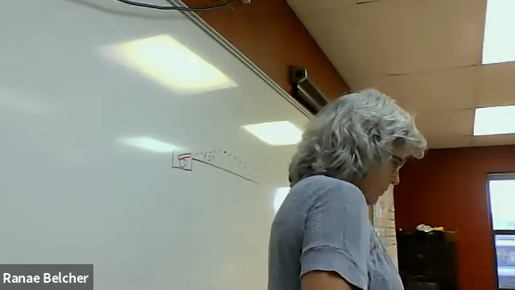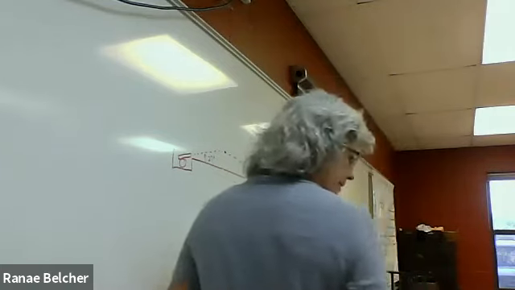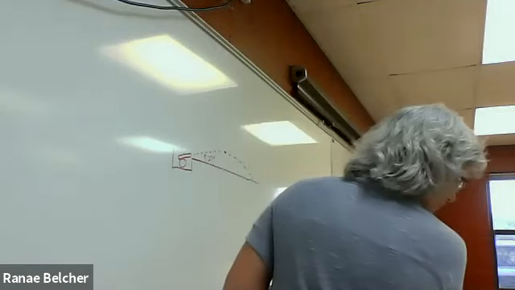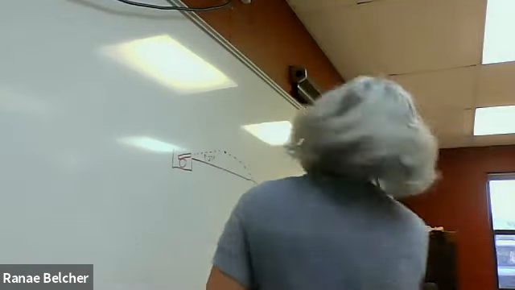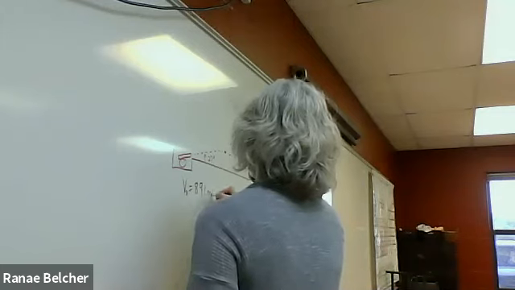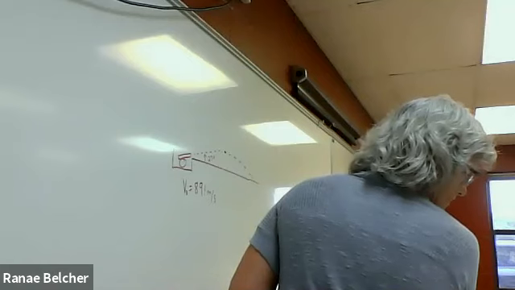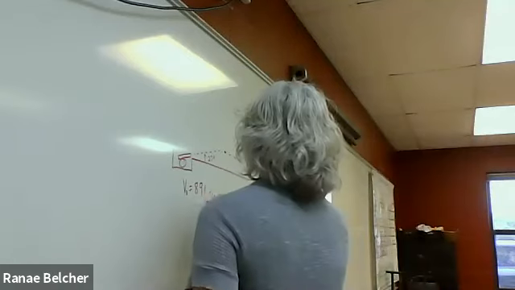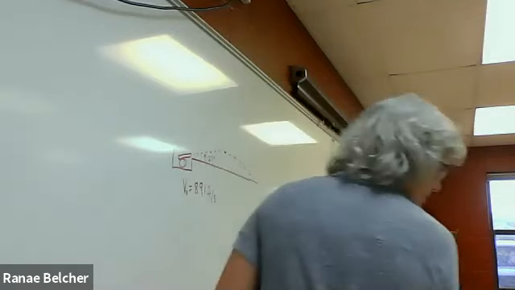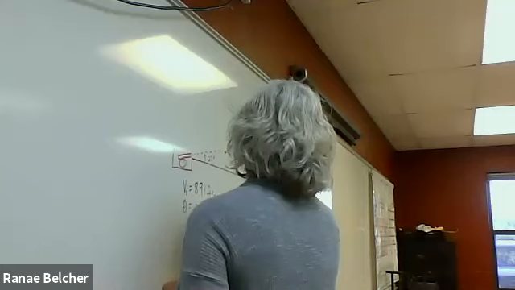Okay, so they want to know how far down it goes. So he sets up, first he gets the givens. You've got an initial velocity of 891 feet per second, and an angle of 27 degrees.